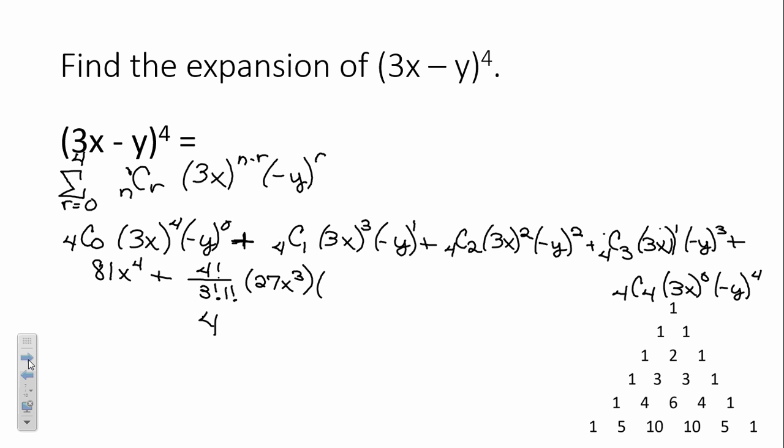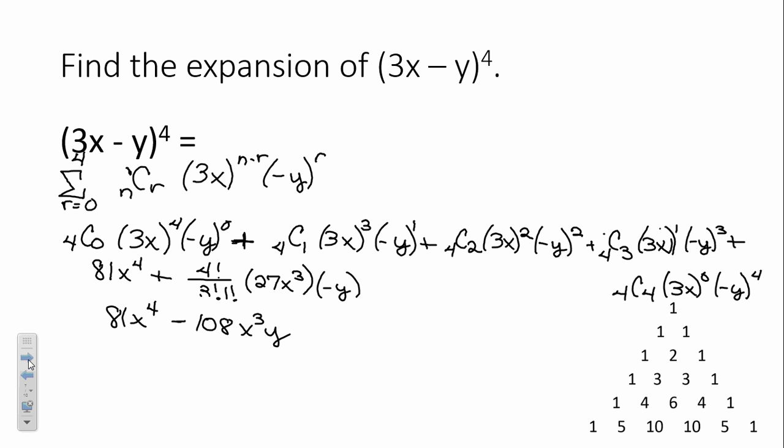Times a negative y to the first is a negative y. What's 4 times 27? 108.